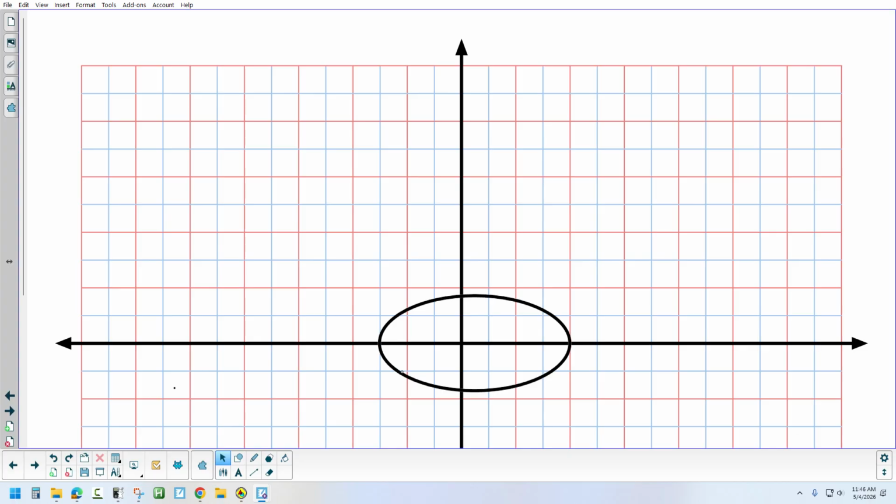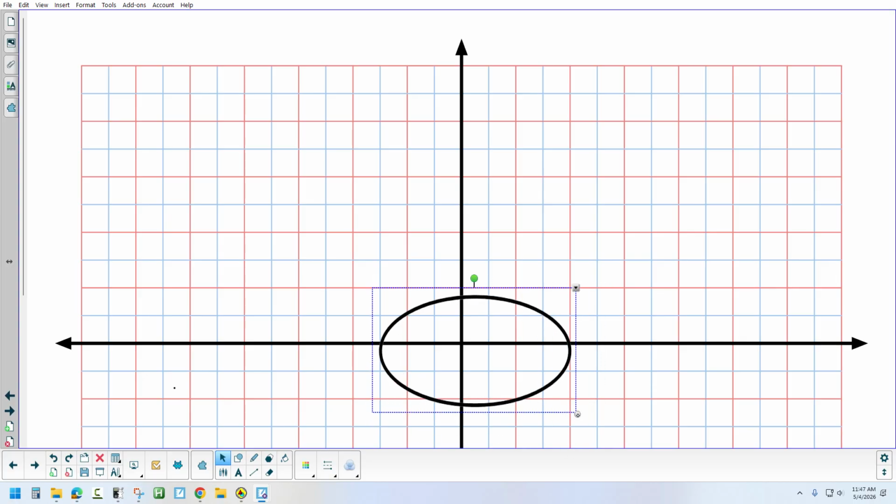It's pretty good left to right. Just see if I can. Just trying to make it land nicely. Let's see if I did it.